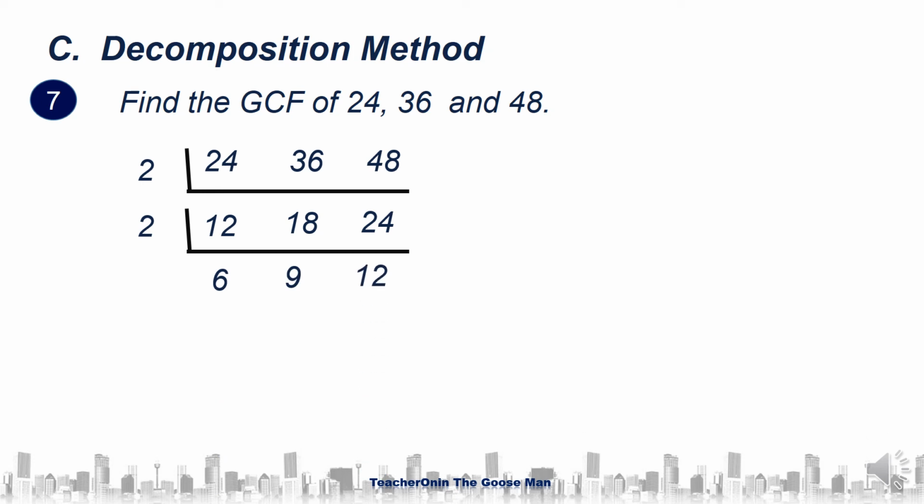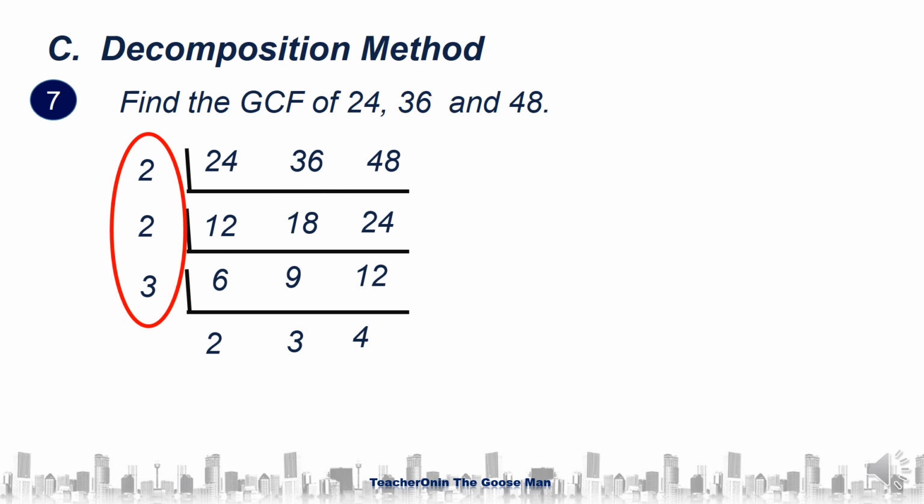But then again, 6, 9, and 12 are divisible by a prime number, which is 3. So we have here 2, 3, and 4. Take note that there's no number that can divide all of these numbers 2, 3, and 4. So therefore, we will simply encircle the numbers 2, 2, and 3.